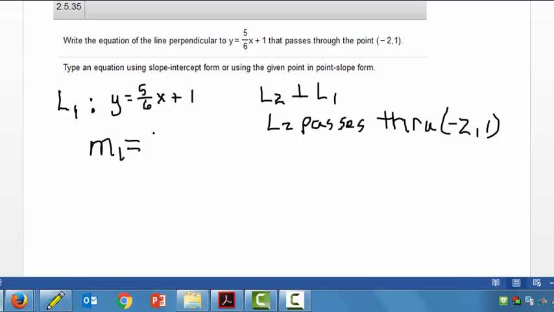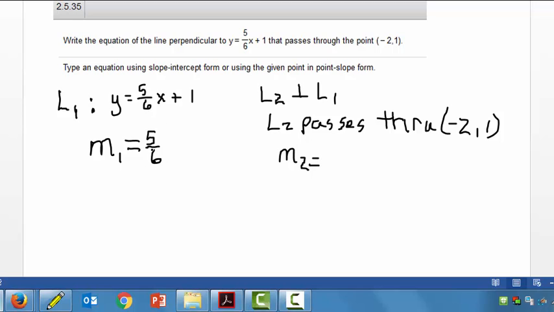All right, well, we can see that for the given equation, that equation represents a line whose slope is 5/6. So we'll call the slope of line 1 M1. Well, that means the line we're trying to write the equation of has a slope that's the negative reciprocal of that.